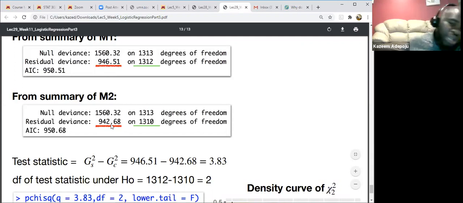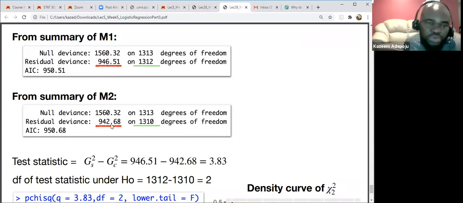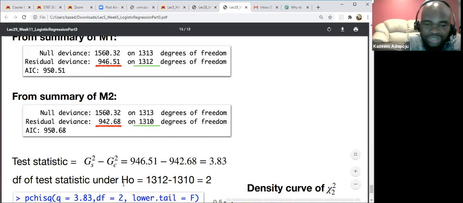In case you actually want to extract the G square from our output, the difference between them gives us 3.83. The degree of freedom of the test statistic under the H naught, I'm going to subtract the degree of freedom for this residual minus the degree of freedom for this residual, and that is going to be 2.